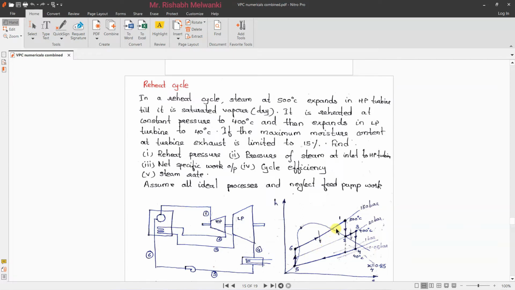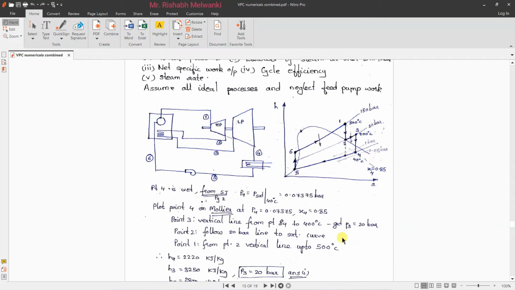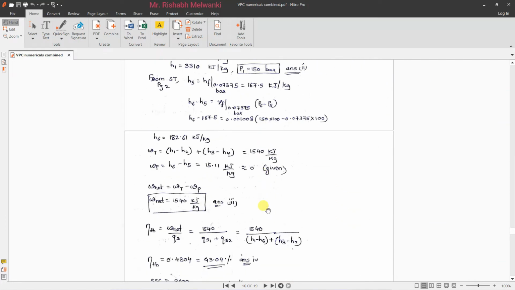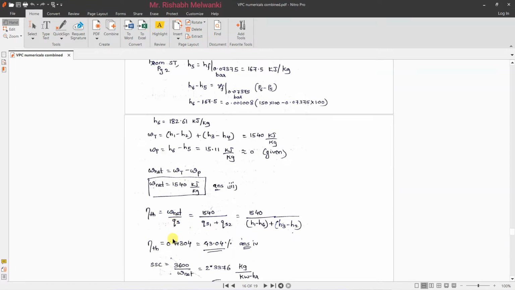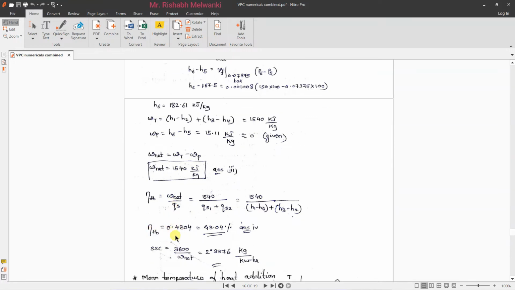It will be heat supplied in the boiler, H1 minus H6, plus heat supplied in the reheater, H3 minus H2. So all these things are done, and finally we can find the efficiency, which is W net, WT minus WP, divided by heat supplied QS. So we can get thermal efficiency.